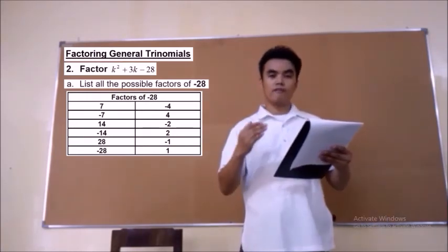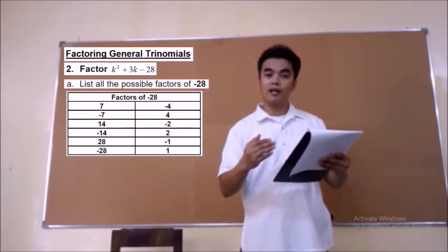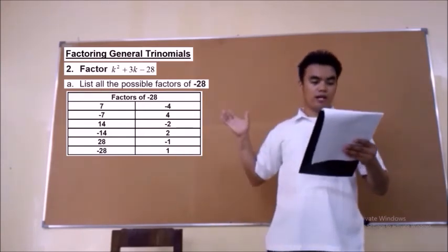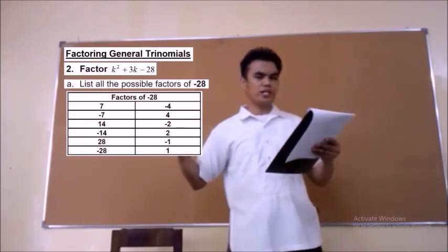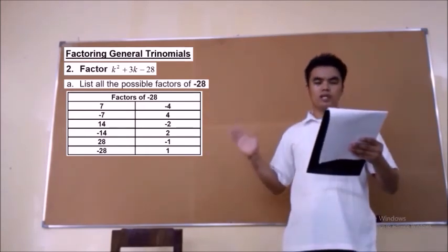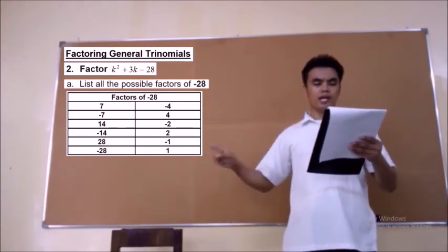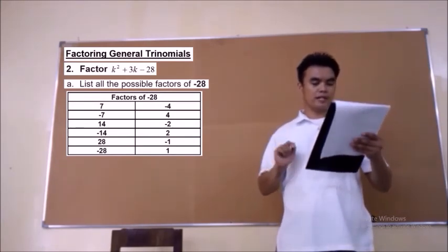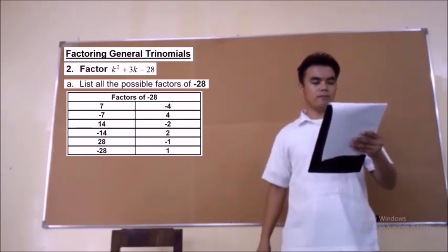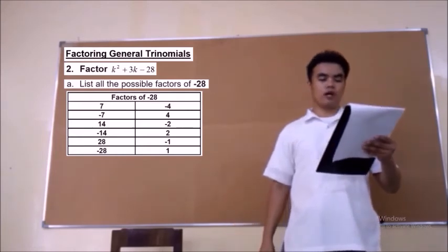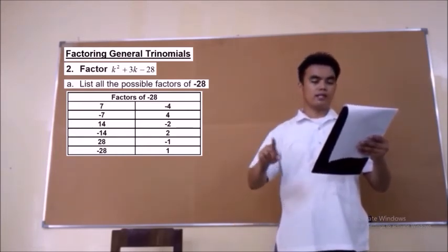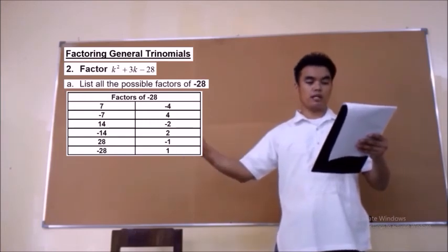So, alin dito ang factor na gagamitin natin para ma-factor natin ang given trinomial. Alright? So, hanapin natin which of these factors of negative 28 can be added to get a sum of positive 3. So, unahin natin yung 7 and negative 4. 7 times negative 4 is negative 28.